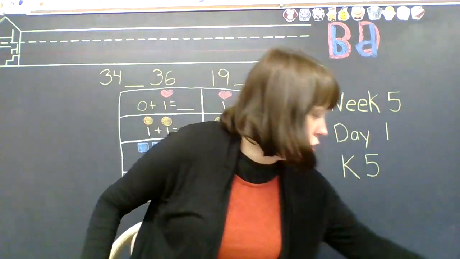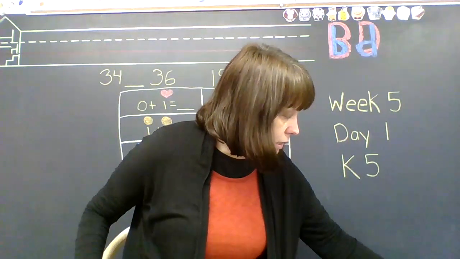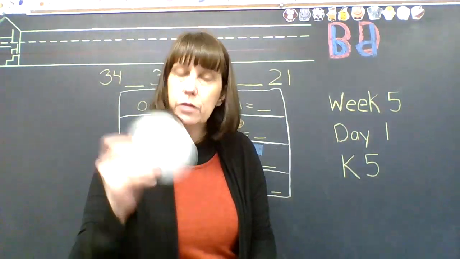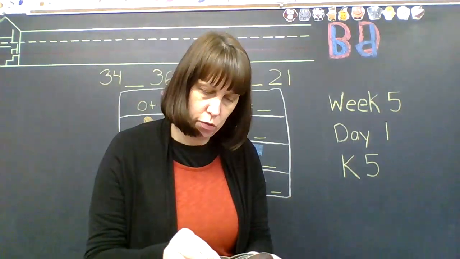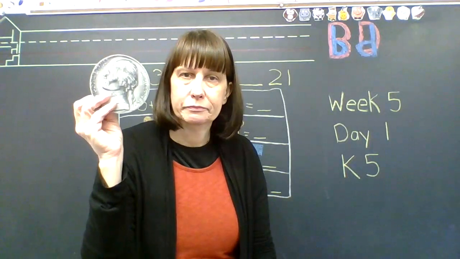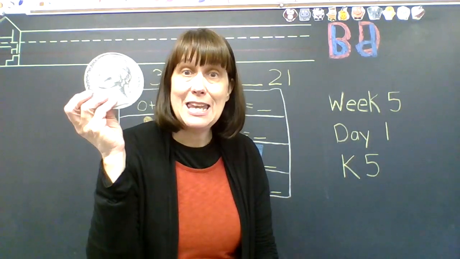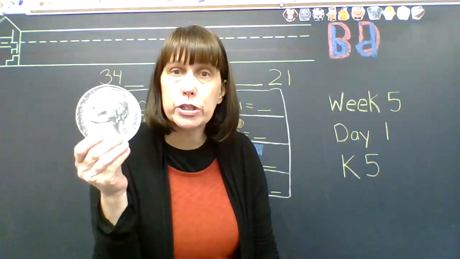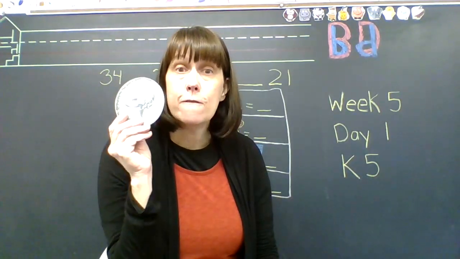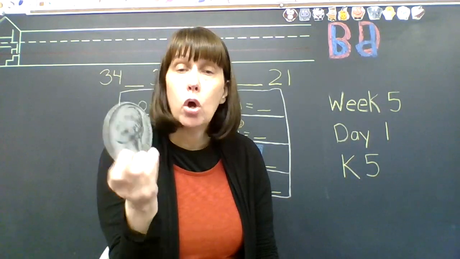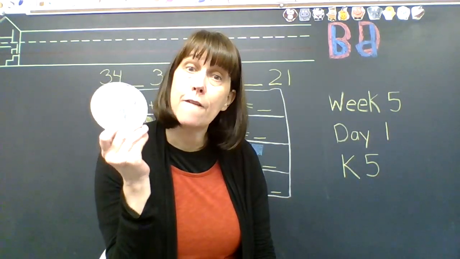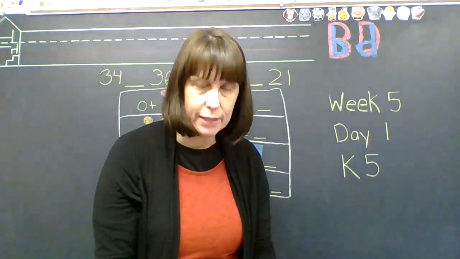Now, what is this coin called? Let me show you one without a magnet. What's this one called? Nickel. How much is a nickel worth? 5 cents. What do we count by when we count nickels? Fives. All right, let's count the nickels.